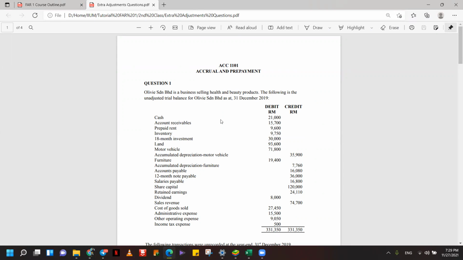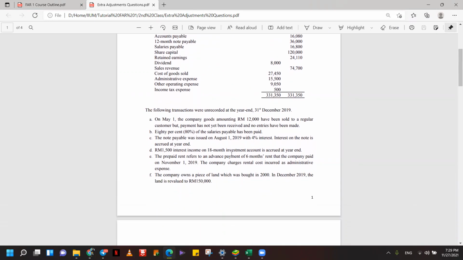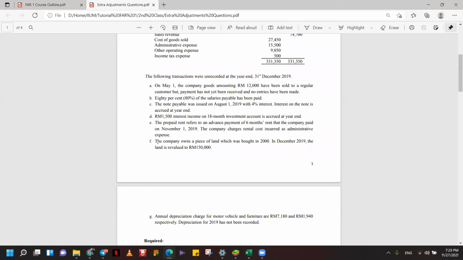Am I correct? All right. In this one, was there anything that you found especially difficult that maybe was not covered today? The only thing different, for example, here, is that the company owns a piece of land which was bought in 2000. This is important because this was not covered in the example that I did.